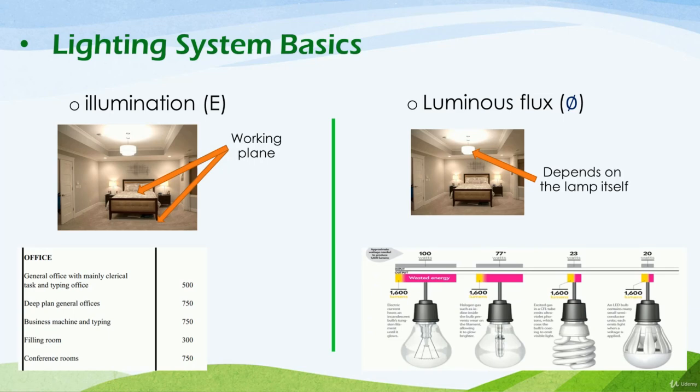You can see here each of those lamps has a fixed value of 1600 lumens, so we get the lamp lumens from the catalog of the lamp, as it's considered a specific feature of each lamp. But you can see also, although each lamp produces 1600 lumens, the first lamp consumes the largest power of 100 watts, while the second lamp consumes only 77 watts, and the third lamp consumes 23 watts. And lastly, the last lamp consumes only 20 watts.